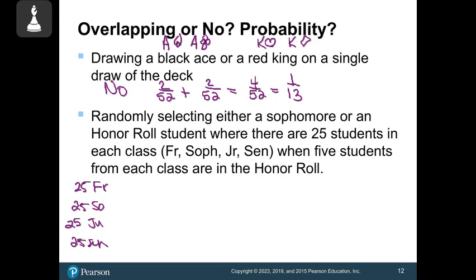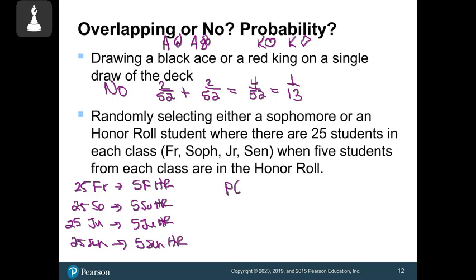So there are 5 freshman honor rolls, 5 sophomore honor rolls, 5 junior honor rolls and 5 senior honor rolls. We want to find the probability that we pick any sophomore or an honor roll student. Well, because we have sophomore honor rolls, that is an overlap. So yes, we have overlap here.